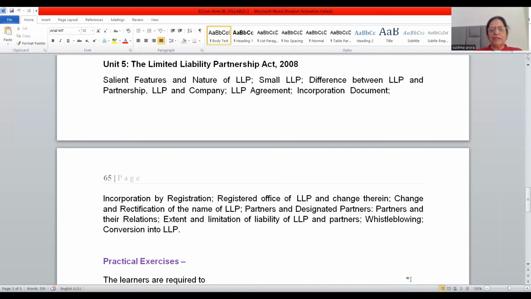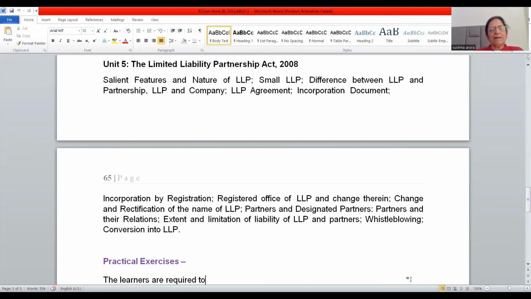Whistleblowing term is a very important term where protection has been given to the partner employees under Section 31 of the LLP Act 2008. Conversion into LLP. How can the traditional partnership be converted into LLP? Or how can the LLC be converted into LLP?